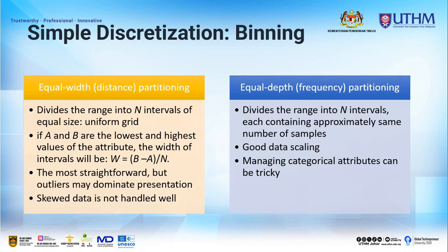Each interval will contain approximately 20 samples, which means 100 divided by 5 you will get 20. In the previous width case, we have B minus A, which means 100 minus 0. But for the depth case, we don't have zeros, so we just divide 100 by 5 equal to 20. So these intervals are determined based on the distribution of the data and not the range.